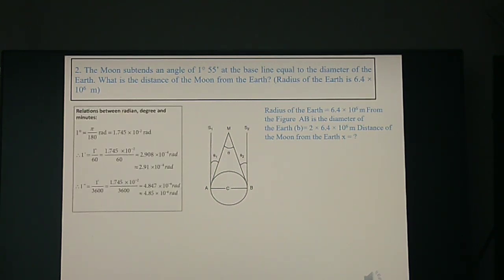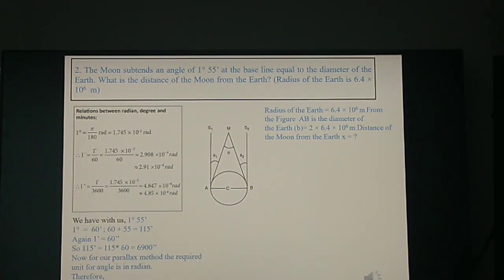Now, before getting into the parallax method, let us see the relations between them. 1 degree has to be converted into radian, 1 minute will be converted into radian, and again 1 second also has a conversion factor. So now, what is our angle?